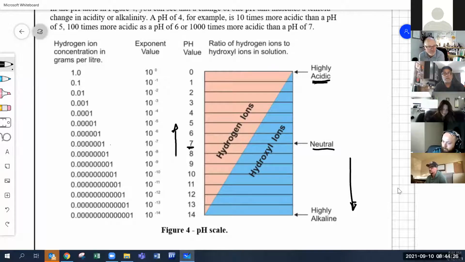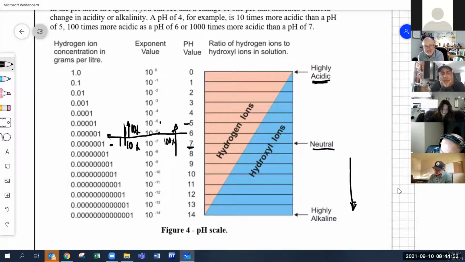As you can see here, from 7 to 6, it's 10 times more hydrogen ions from one step to the next. It's 10 times more from 6 to 5. Between 7 and 5, it's 100 times more.